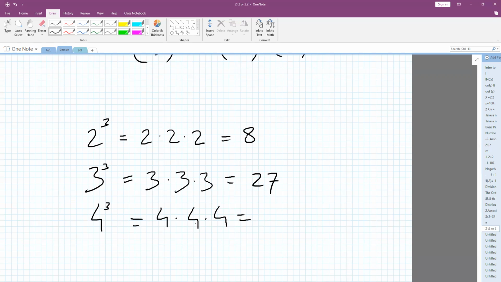You can use pencil. So 4 times 4 is 16, and 16 multiplied by 4. 64.